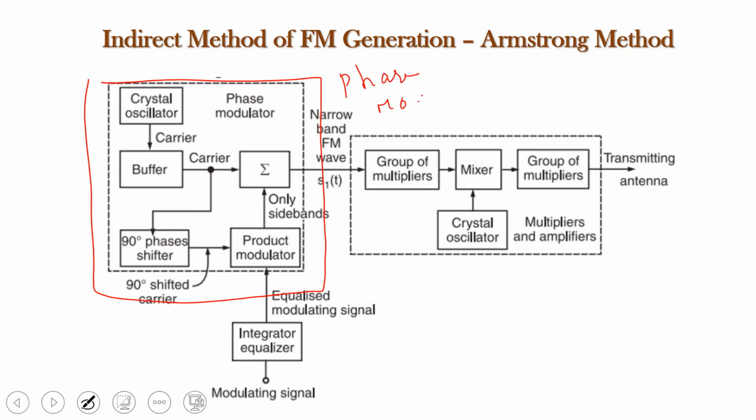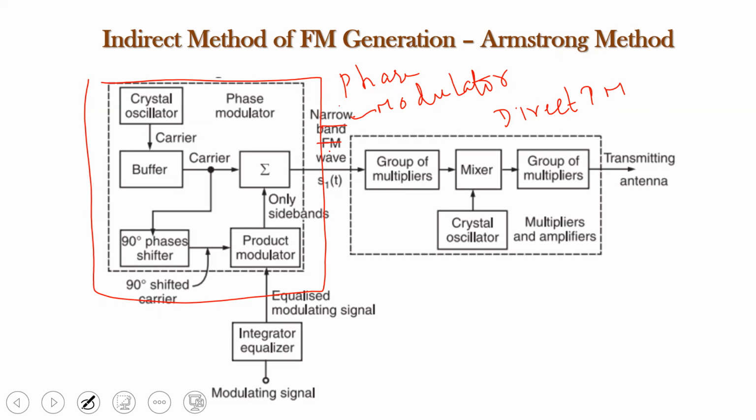So this block diagram, we can say this is a phase modulator which is going to produce a direct PM, which is nothing but indirect FM. And this indirect FM that is generated out of this phase modulator will be a narrow band FM. So this first block is meant for generating a direct PM wave, or you can say a narrow band FM wave.